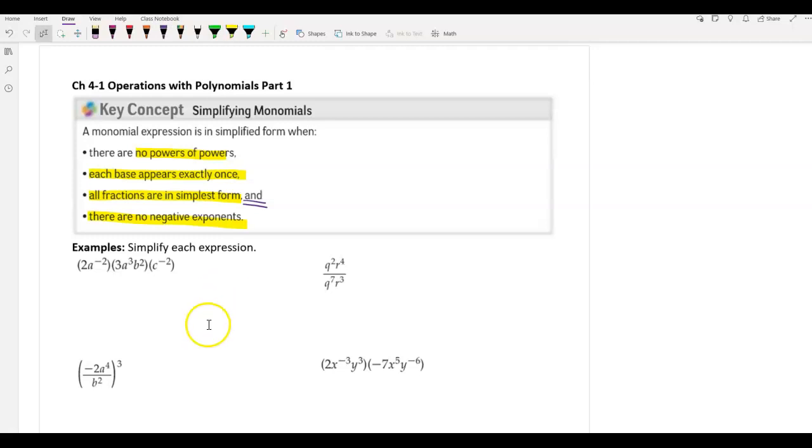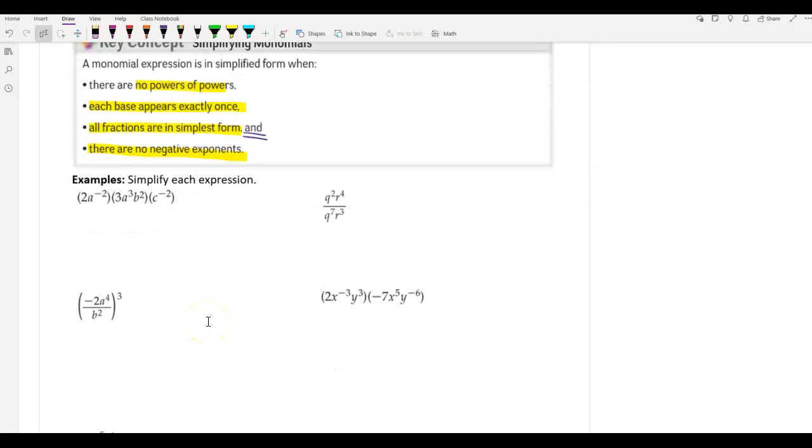So let's take a look at some examples. And we're going to start out hairy. So we have 2a to the negative 2 times 3a cubed b squared times c to the negative 2. First thing I want you to notice is, do we have any powers to a power, anything outside of the parentheses?